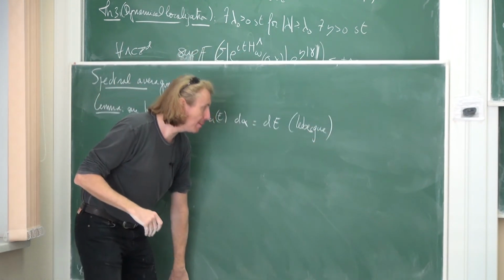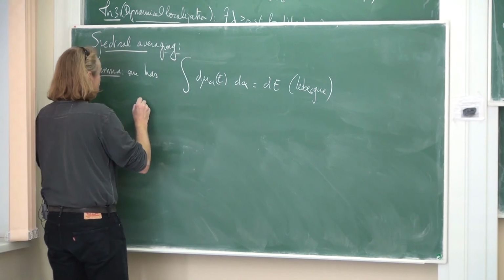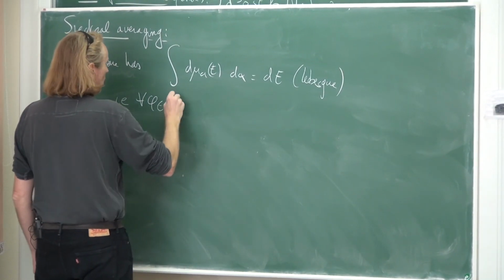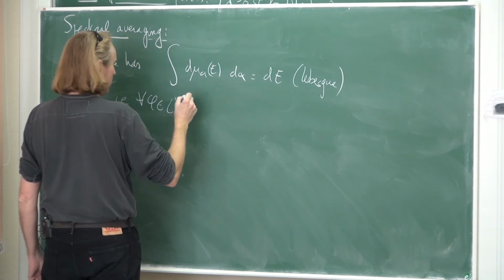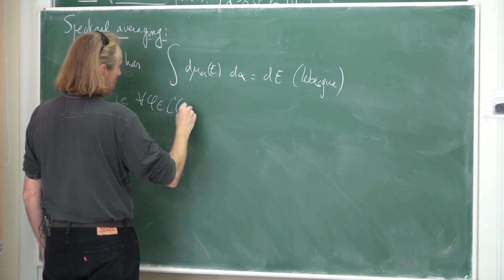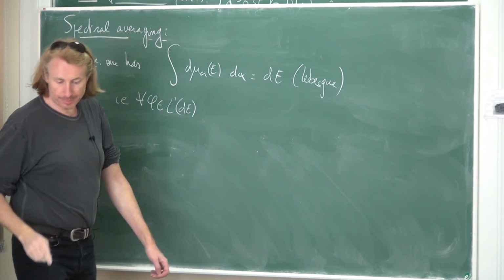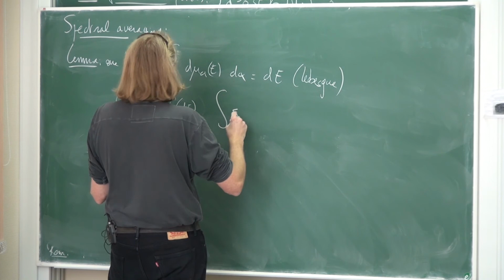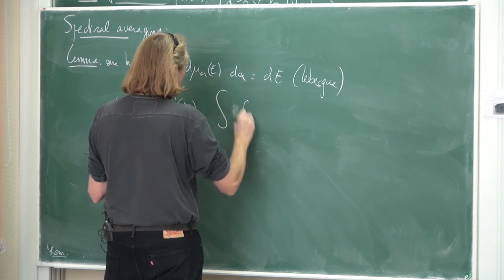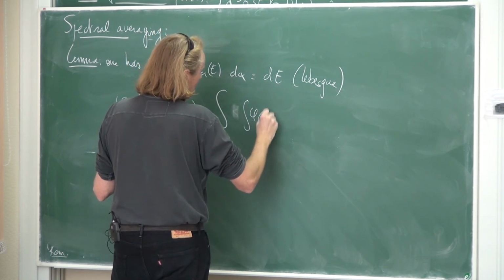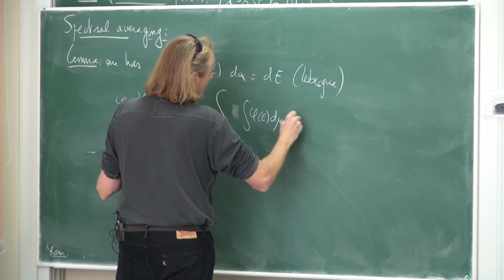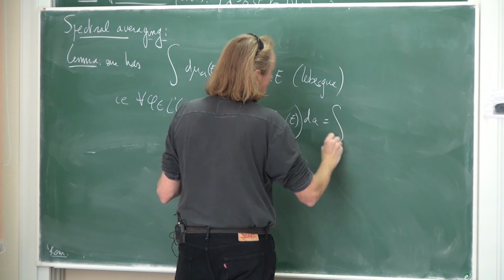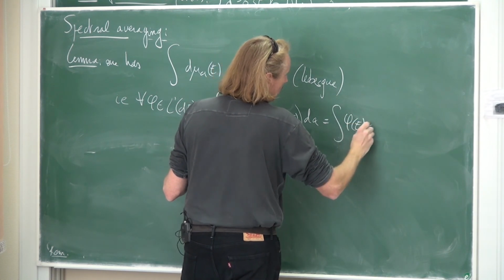Okay, so what does it mean? It means the following, right? This is just a short writing for any phi belonging to L1 dE, for example. If I integrate phi of E d mu alpha E d alpha, I get the integral of phi of E dE.